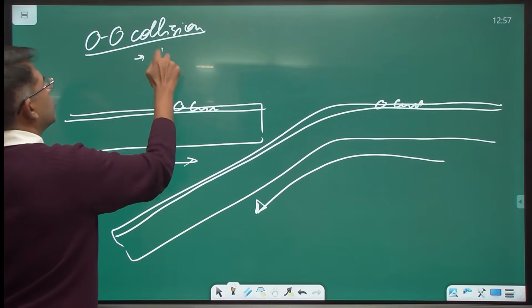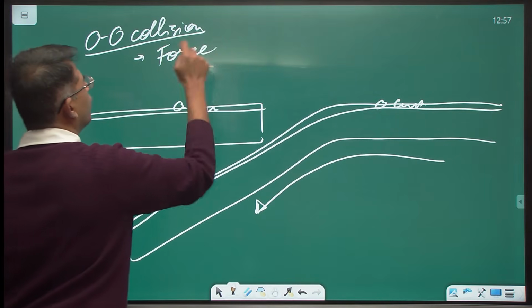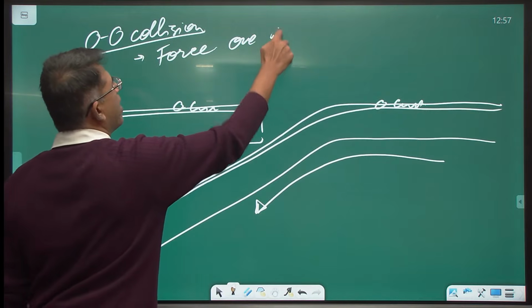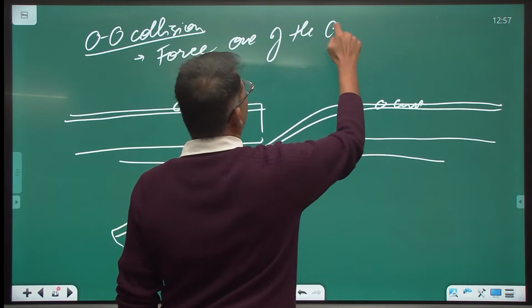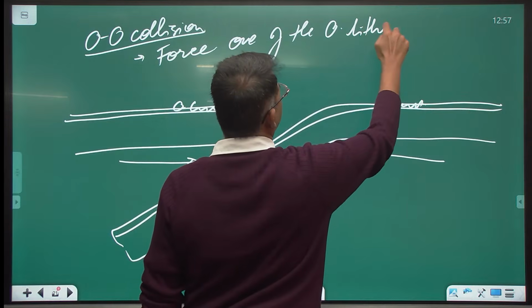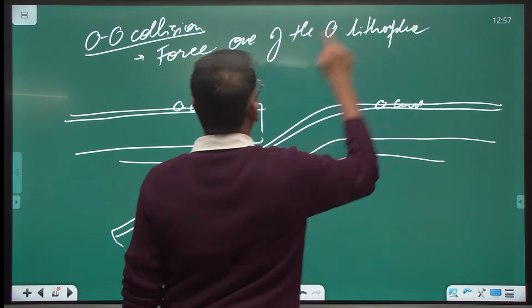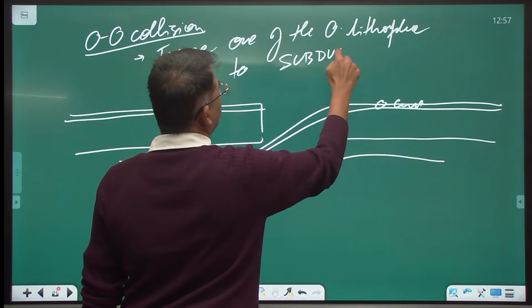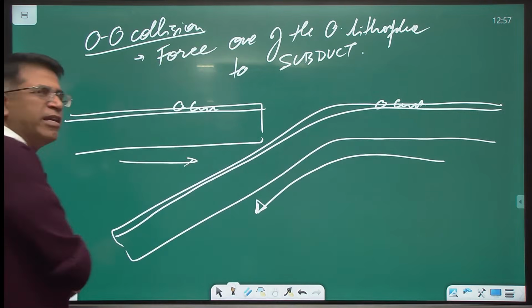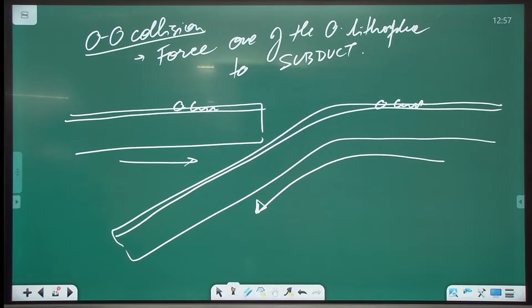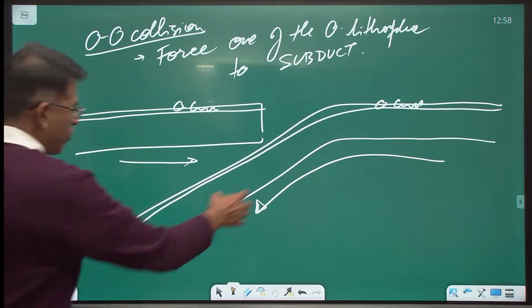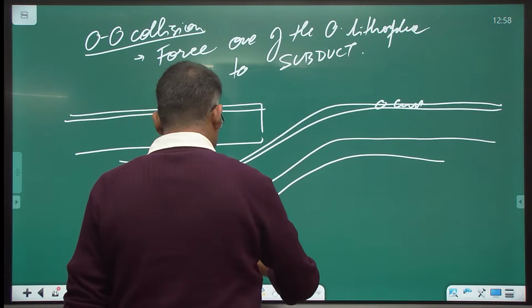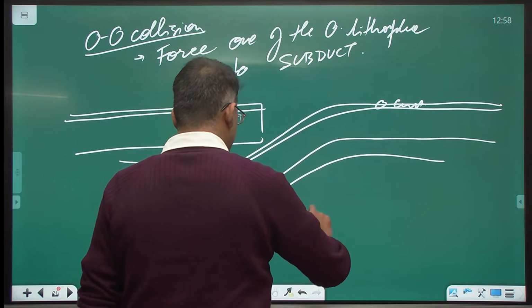This will force one of the ocean lithosphere to subduct. ये जो process of getting pulled inside, इसको बोलते हैं subduction. Okay, there will be subduction. This process of getting pulled inside is called the subduction process.